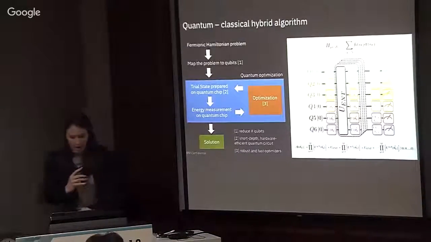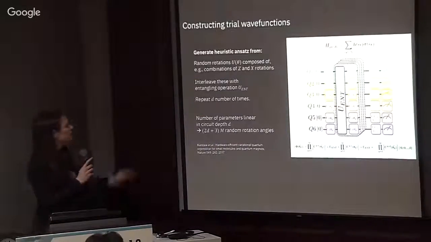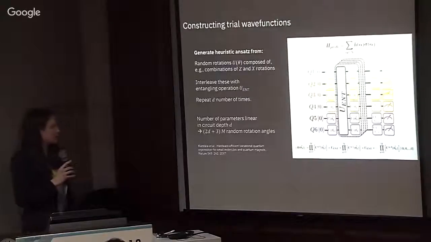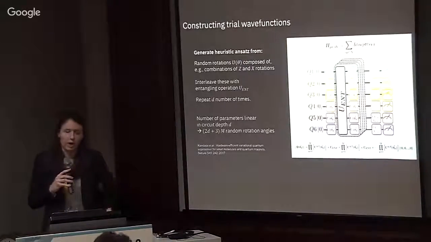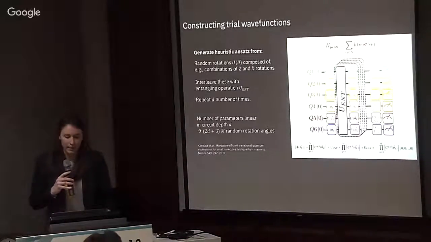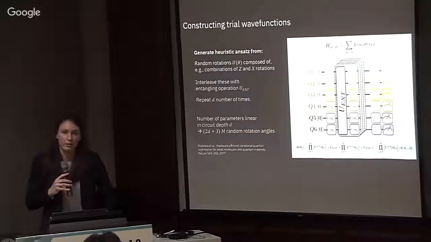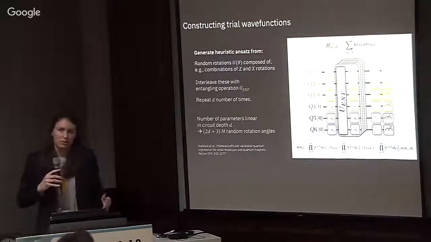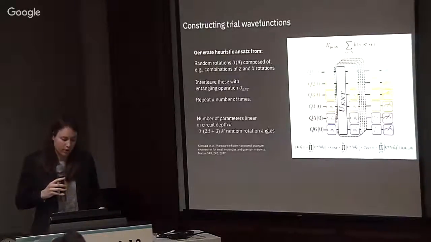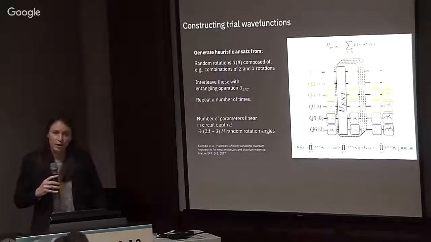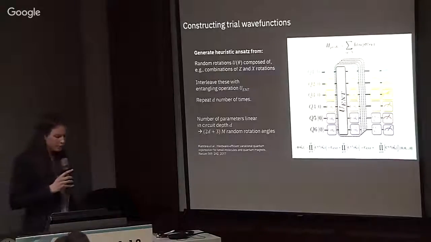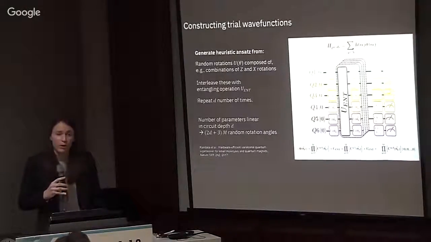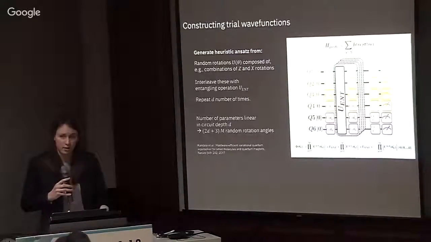This particular trial state is called hardware efficient, meaning that it's amenable to our near-term devices because we can represent these with relatively short depth circuits where the number of parameters grows linearly in the number of orbitals in our system.